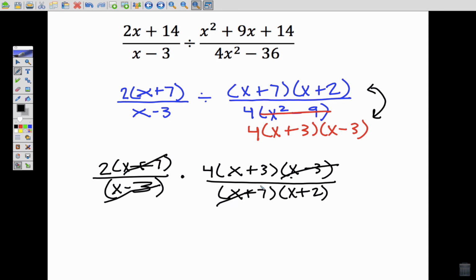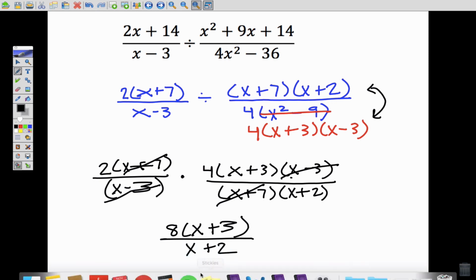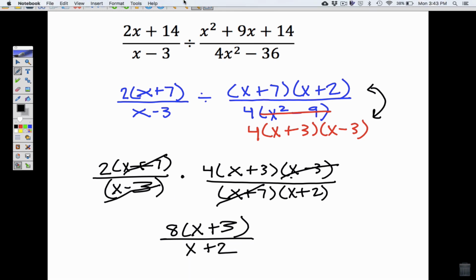This divided by this is 1, so they cancel. And then I have 2 times 4, which is 8, x plus 3 up top, divided by x plus 2. I do not distribute the top. I leave it alone because then it's easy for anyone to see that it's factored, nothing else cancels, and the problem is done.